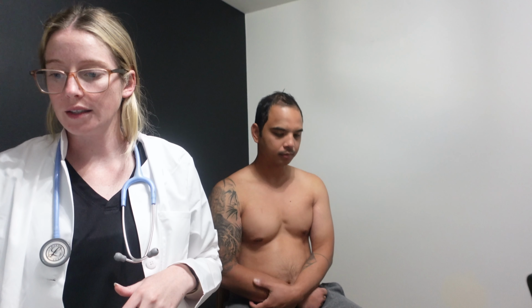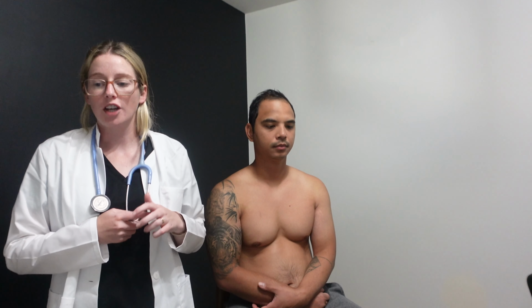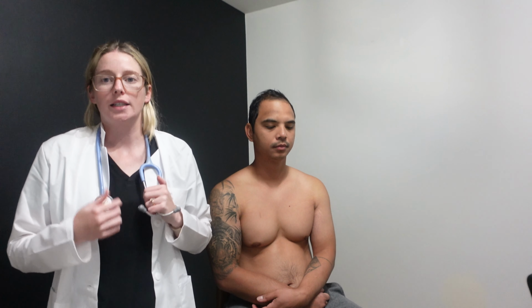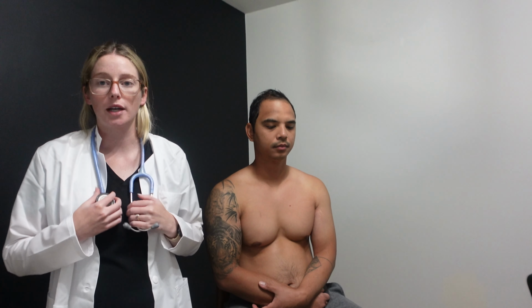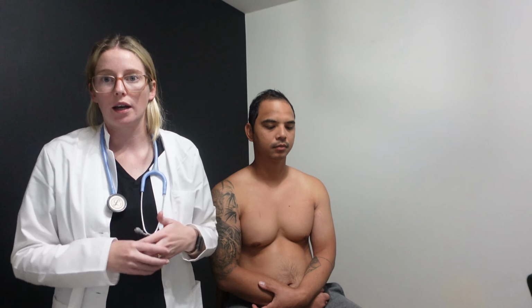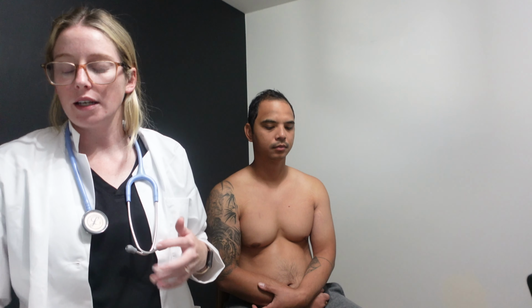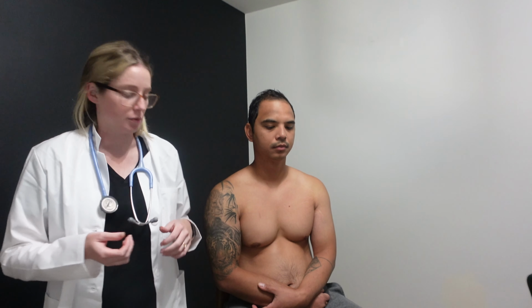The next thing I'm going to look for on the inspection is his effort and work of breathing. Is it shallow? Is it rapid? Is he taking really short, fast breaths, or is he having to take super deep breaths to get the oxygen that he needs? And then I'm looking to see if he's using any accessory muscles while he's breathing.